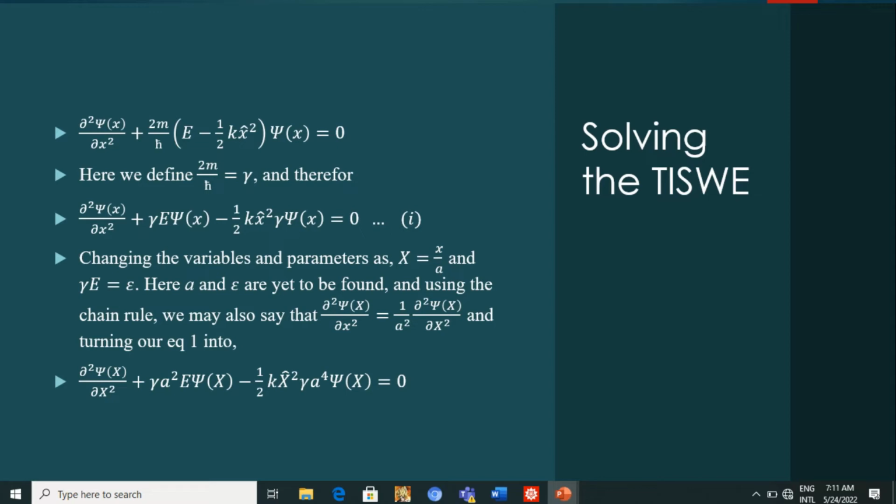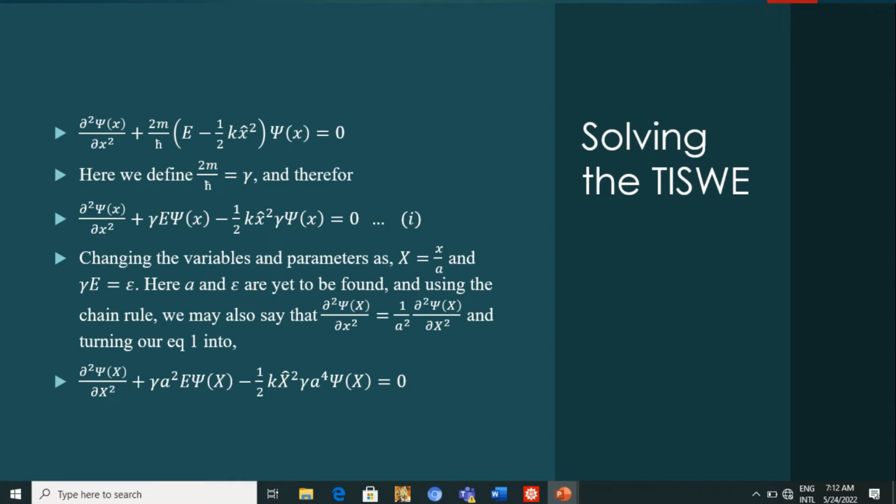We are using the chain rule of differentiation, and because of that we may also say that d2 psi over dx square is equal to 1 over a square into d2 psi over dX square.